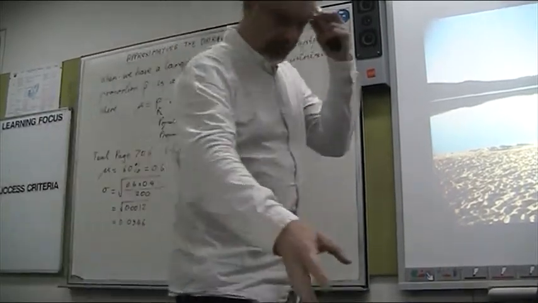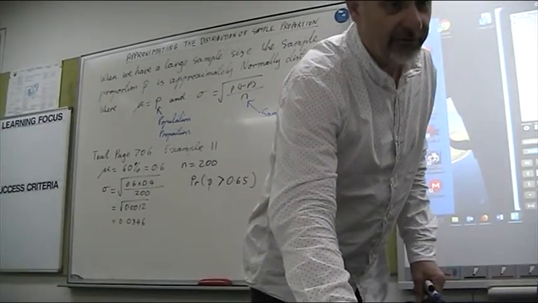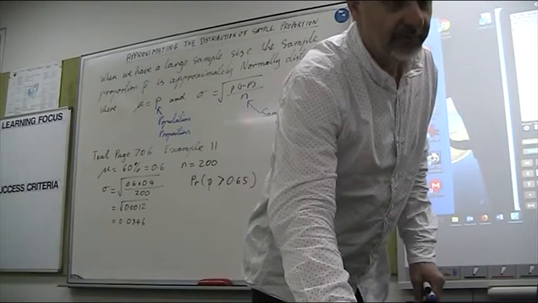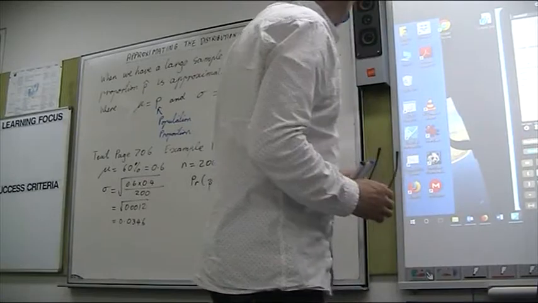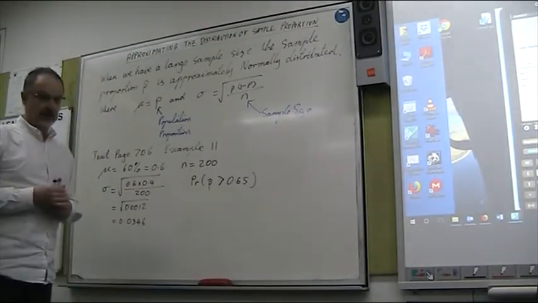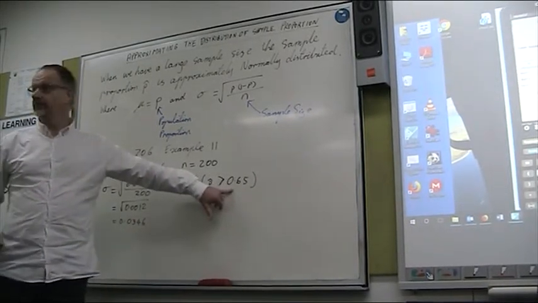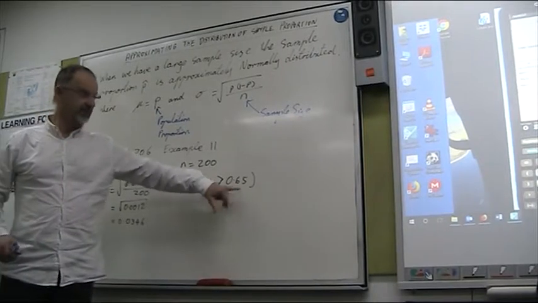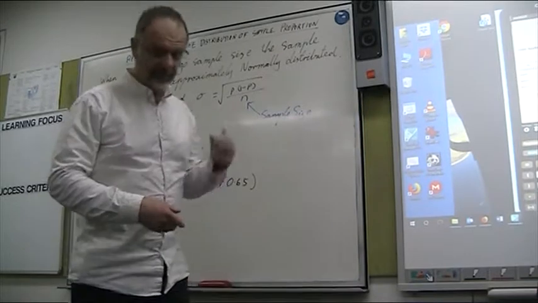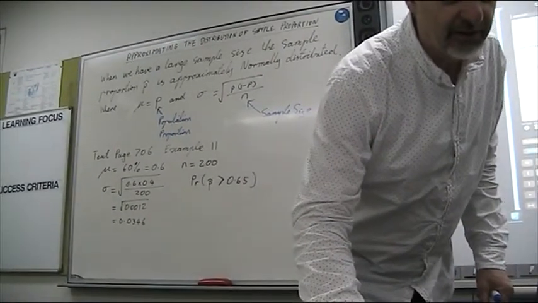We go to our calculator, interactive distribution, continuous, norm, and our lower limit, greater than 0.65, so our lower limit is 0.65.